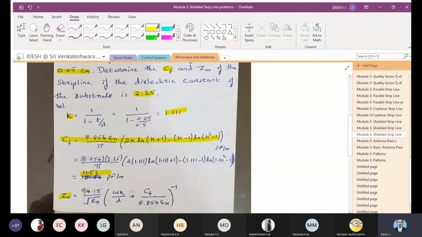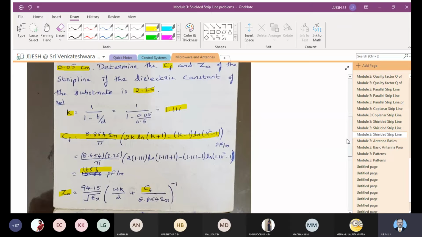Z0 is 94.15 divided by root of epsilon r, Wk by d plus Cf divided by 8.854 epsilon r, whole inverse. So Cf, you got the value here. You can substitute Cf here, and the rest of the values are also available with you to substitute.